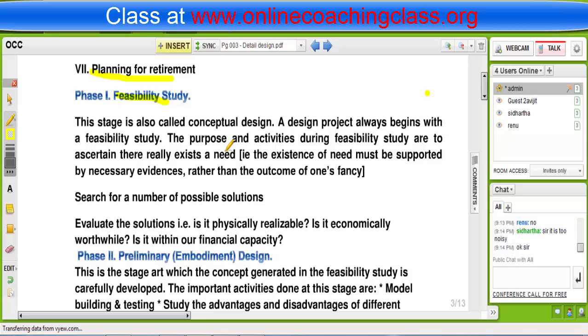That means in feasibility studies we have to collect the customer need. What are you going to design? We have to collect the customer need, and the stage where we collect the customer need is called feasibility study. Clear?